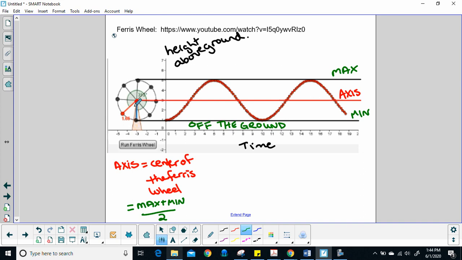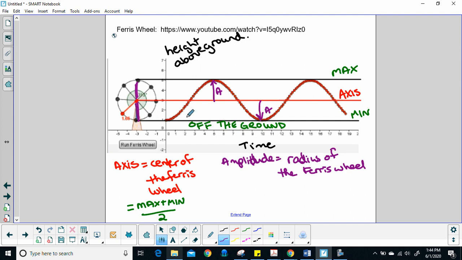My amplitude, well, that's just the radius of my Ferris wheel. So there's my amplitude. There's another amplitude. So my amplitude is the radius of the Ferris wheel.